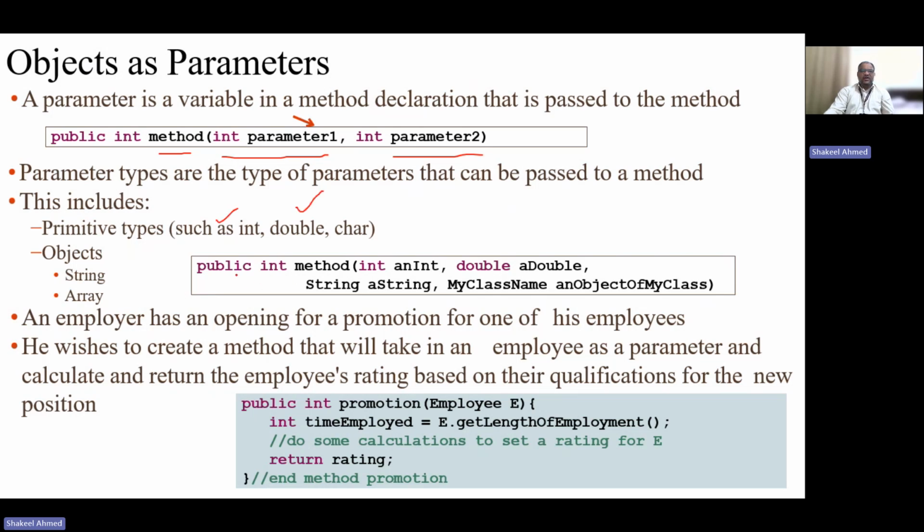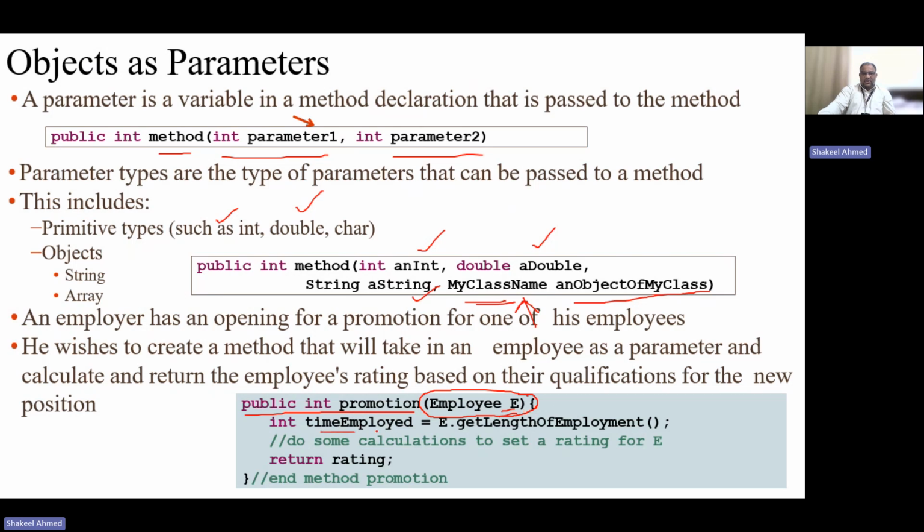Here you call this with the class name directly and an object of the class. You can create the class reference for that and access it over here. See the example: public integer promotion, where you call it directly with a class object reference e.